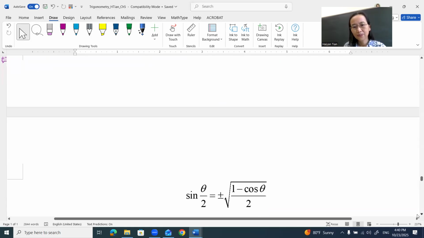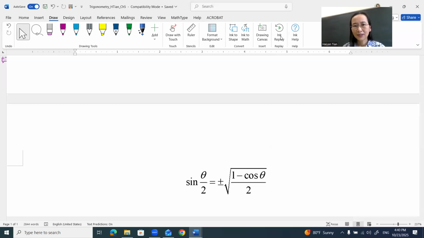So the sign can be determined based on the position of half of theta. We know the sign, either positive or negative, depending on where half of theta is. Okay, so now we got the first half angle identity for sine.